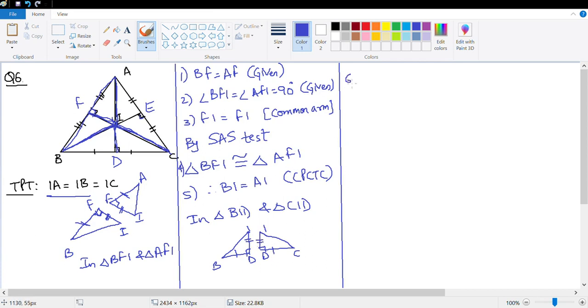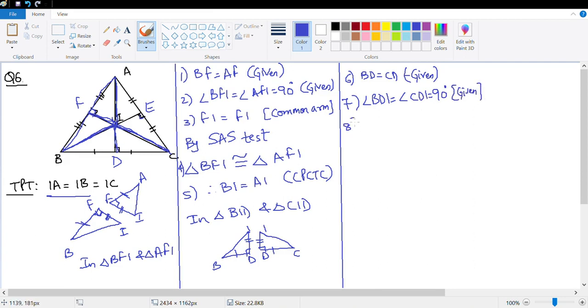Let's start writing. Number 6, BD is equal to CD, given. Next, angle BDI is equal to angle CDI is equal to 90 degrees. This is also given.